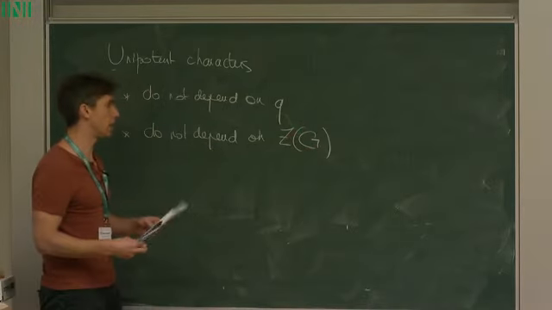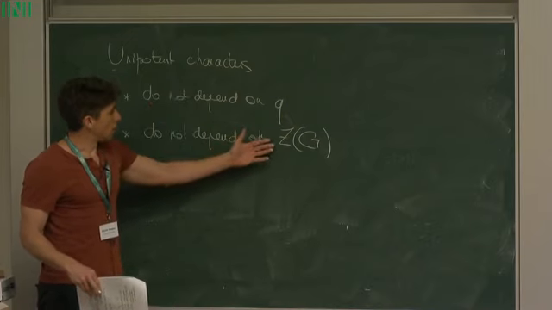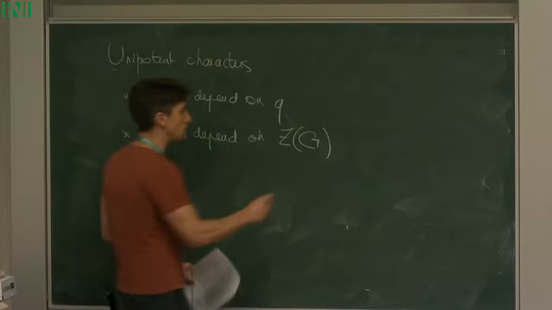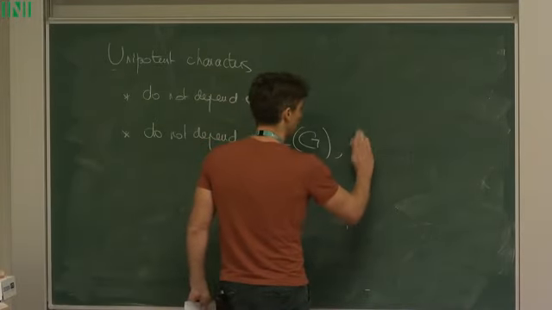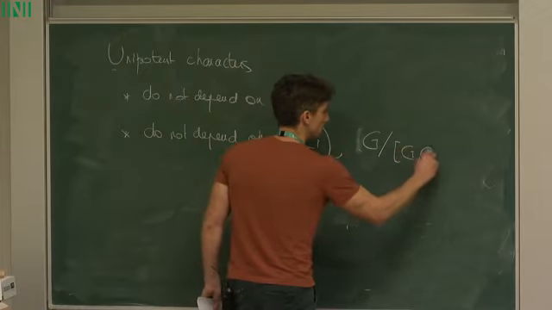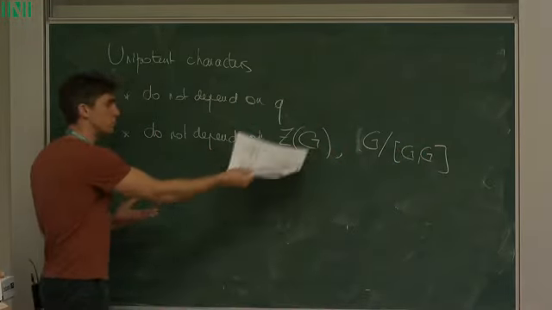So if I was looking at characters of PGLn or GLn, unipotent characters would be the same, but also on the cocenter, we call it the cocenter, just G over its derived subgroup. So they're insensitive to changing the center and the cocenter. So really, they depend on the type of the group.